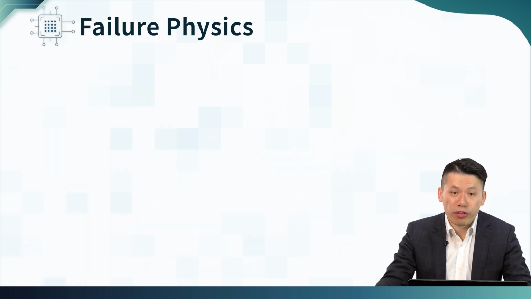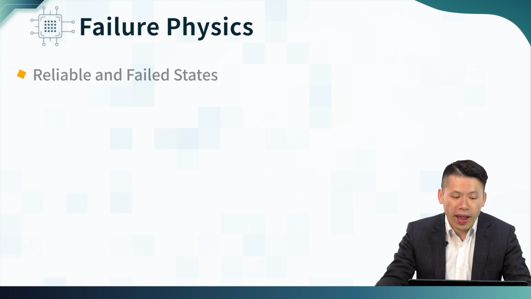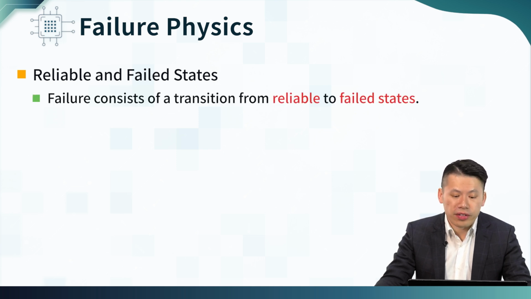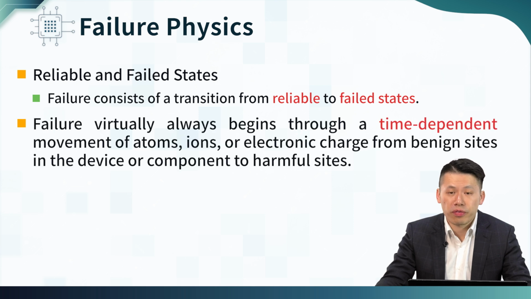So we have talked about the definitions related to failure modes and failure mechanisms. Next, we have to also understand what the reliable and failure states actually are. Failure is the transition from the reliable to the failed state. As I said previously, it's a time-dependent phenomenon.